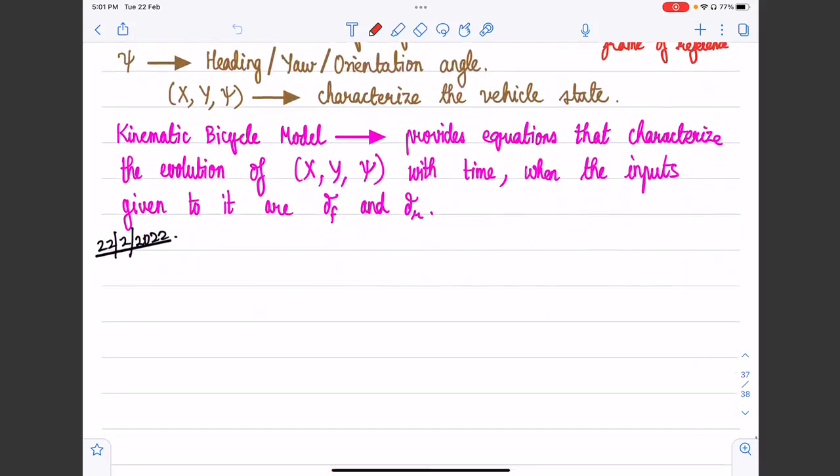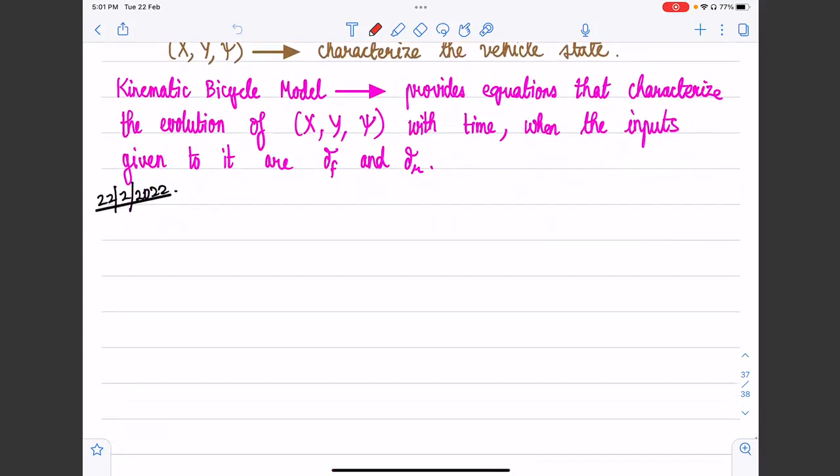What we want from the kinematic bicycle model is a model that provides relationships between the time evolution of these important parameters X, Y, and Psi, which characterize the motion of the vehicle with time.